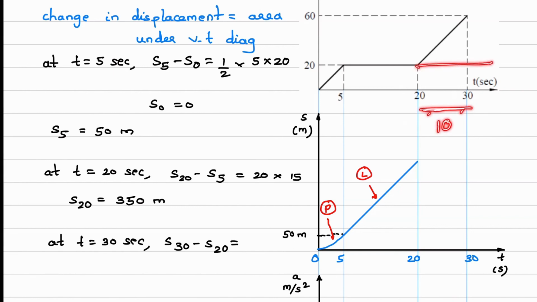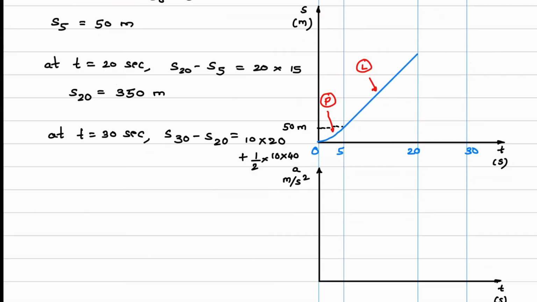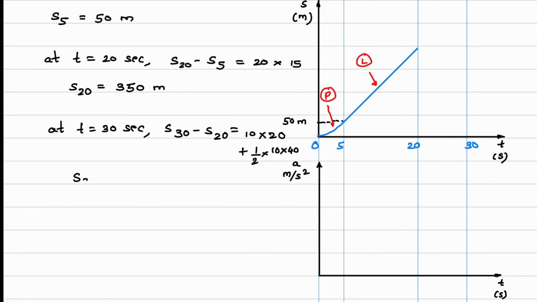And what is the height? 20. So we'll write down equal to 10 into 20 plus, for the triangle, half into base is 10 and height is 40. So from here we can substitute the value of S20 and get the value of S30. So S30 is equal to 750 meter.